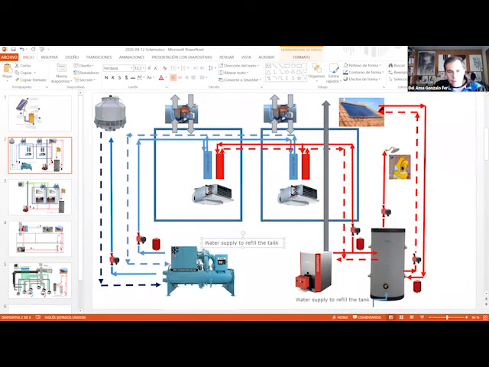Okay, so if we are using this, we have to put names on different things. So this is a water-cooled chiller, this thing here. This is a cooling tower. This is a gas boiler.